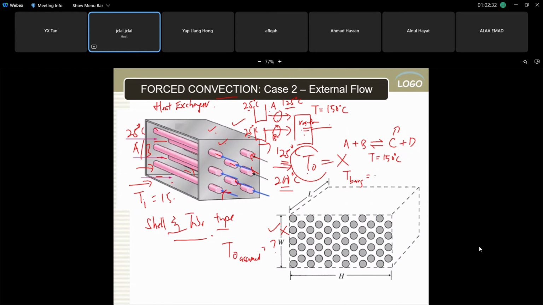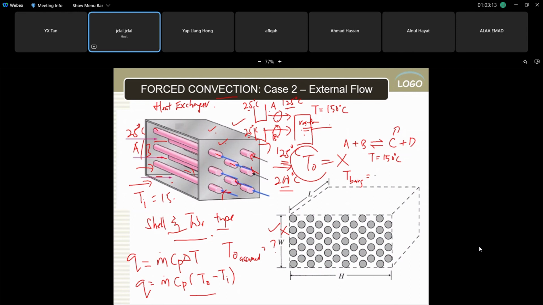So you need to verify using the heat balance, Q equals m Cp delta T, where delta T is T out minus T in. Why use this formula?